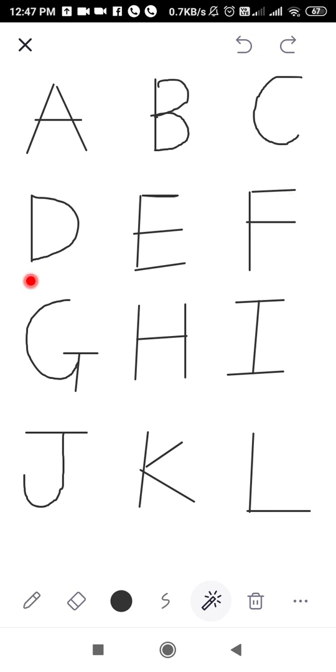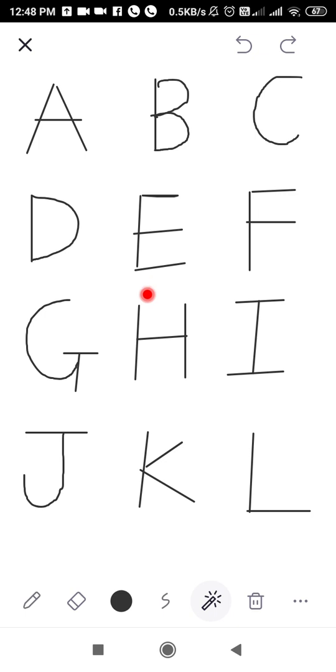Then next letter D. D for dog, D for doll, deer, etc. Then next letter E. E for elephant, E for egg.